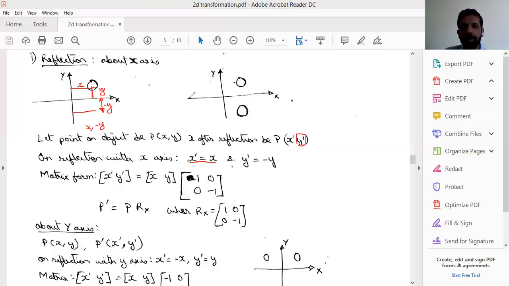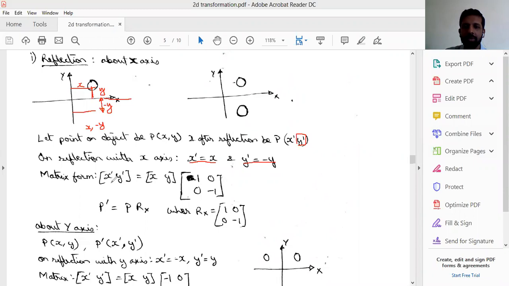Thereby y dash will be equal to minus y, the negative value of y only, because this is reflection about the x-axis.